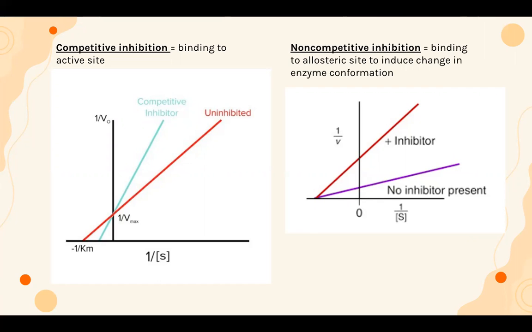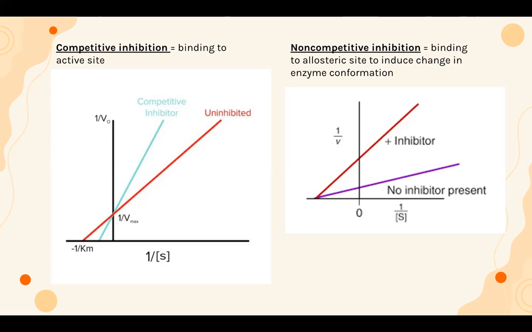Non-competitive inhibition refers to binding of an inhibitor to an allosteric site to induce a change in the enzyme's conformation. An allosteric site as opposed to an active site. So in this case, Vmax greatly increases.